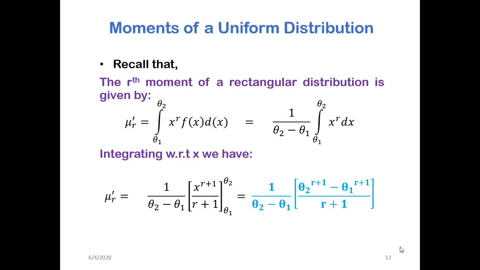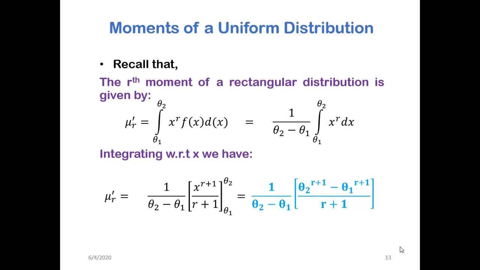θ1 up to θ2. Okay, so if you remember, our function is f of x. In the previous slide, we said f of x equal to k, or f of x equal to 1 over θ2 minus θ1. So in the first equation right here, μ'r equals the integral from θ1 to θ2 of x to the r f of x dx.